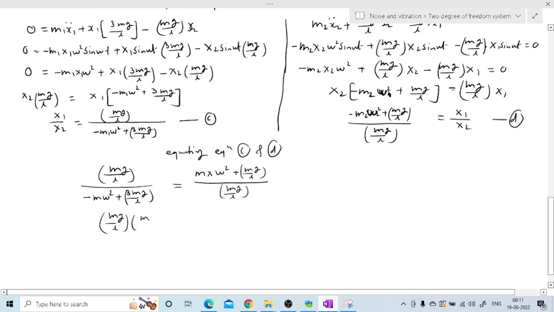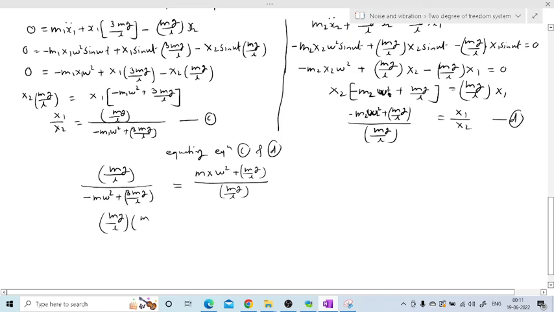Now transfer this term on this side. So this will become, this is actually a minus term, minus m omega square plus mg by l into, take this term, minus m omega square plus 3 mg by l. Now we'll multiply. Just multiply this one, so this will become mg by l bracket square. It will be equal to, now multiply by first term, so minus minus will become plus m square omega raised to 4.